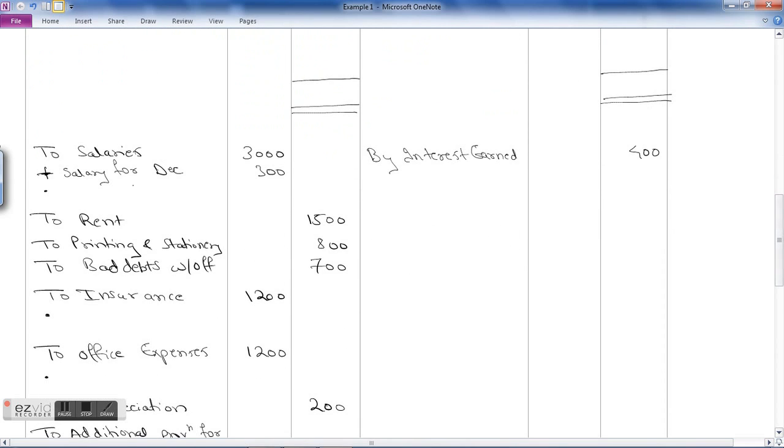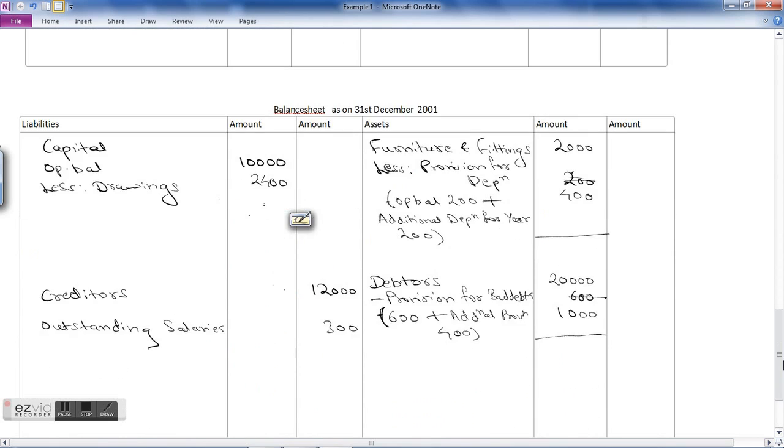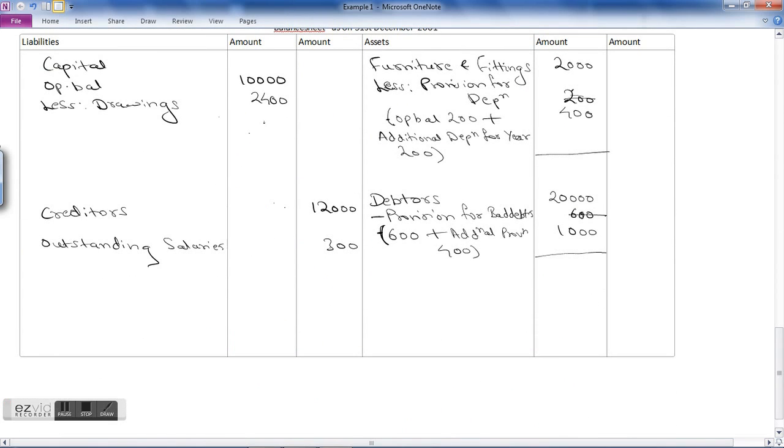So less advance salary, that is 200, and on the balance sheet asset side we'll put it as advance salary amount is 200.